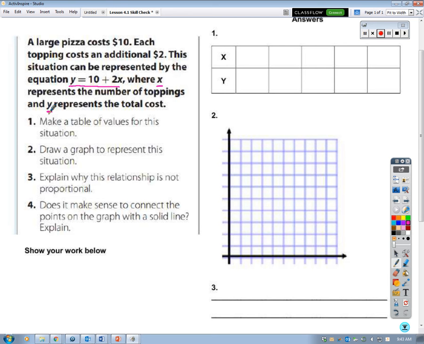So how many of you guys have cell phones? Those of you listening can't see it, but most of the class has cell phones. How many of you pay for your own cell phone? You do? Okay. How many of you know what your cell phone plan costs?